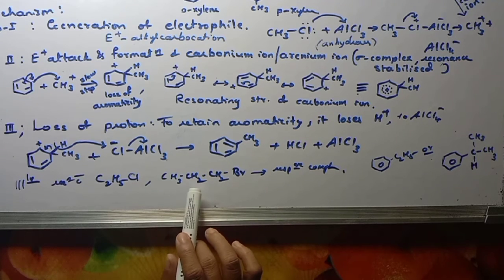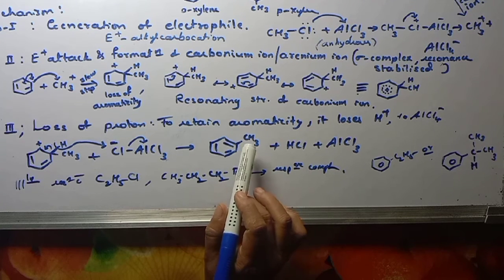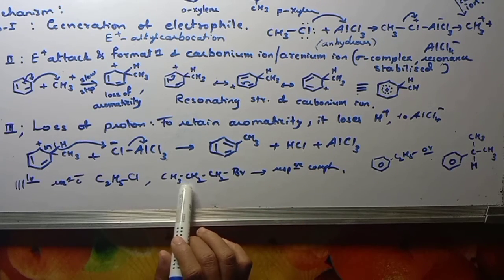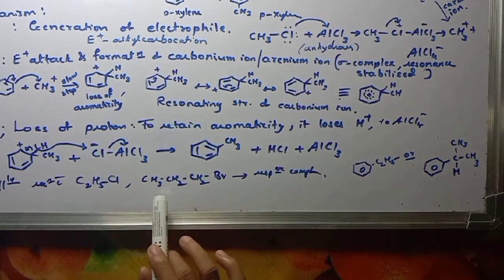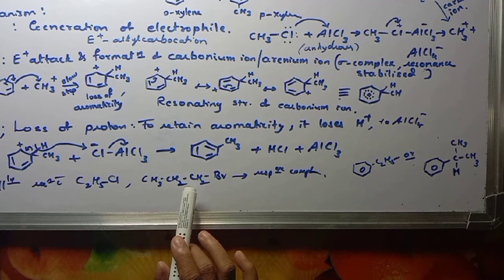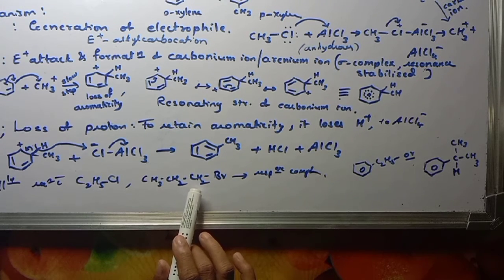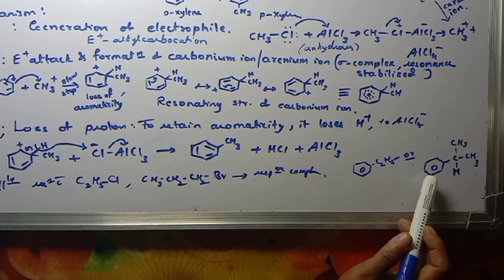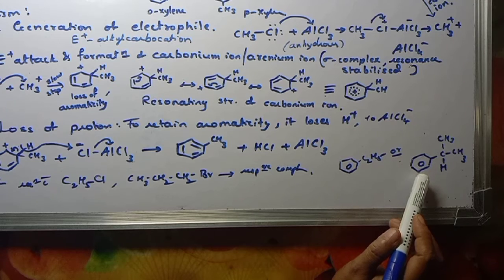Similarly, with CH3CH2CH2Br, this is n-propyl bromide, it gives not n-propyl benzene but isopropyl benzene, because in the first step when it reacts with the catalyst, aluminum chloride, it undergoes a skeletal rearrangement and forms a carbocation in the form of an isopropyl cation, which will attack the benzene ring to give this product, isopropyl benzene.